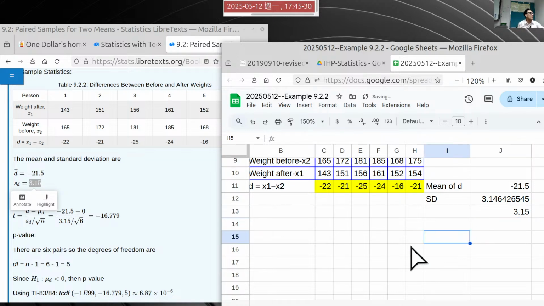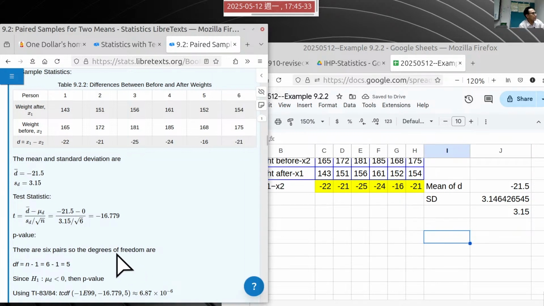Now we have the basic information here, and that's the test statistic.